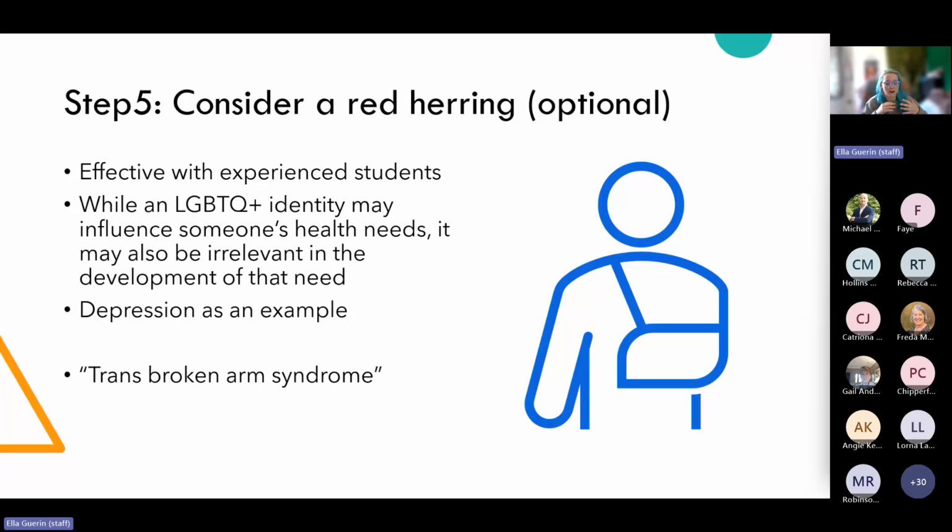And so an optional aspect to your character could be a red herring. I'm all about it when it is used with experienced students. So if this is their first time working with a character who has an LGBT identity, probably not the time to do a red herring. But if you've got an experienced student group, go for it.